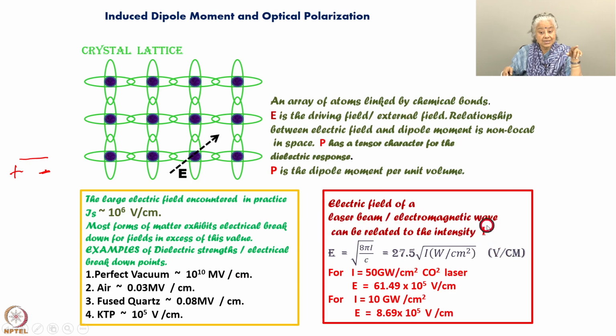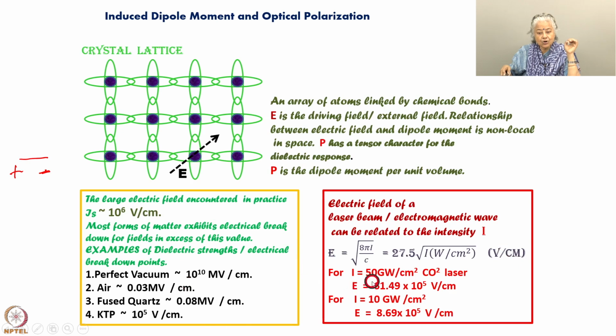So, what is the electric field associated with a high intensity pulse? E is given by the square root of 8 pi I by c. This is the formula, you can look it up. If you take out the 8 pi and all that, you have 27.5 root of I. If you give the intensity I in watts per centimeter square, then you will get the electric field in volts per centimeter, and that is what we want in order to make a comparison here.